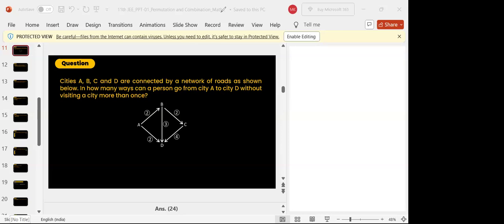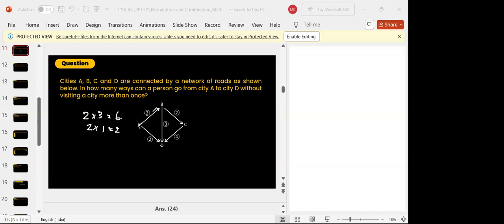Now, nobody has given it. A, B, C, D are connected. A arrow mark B. So 2 into 3, that is 6. Then directly we have 2 into 1, 2.